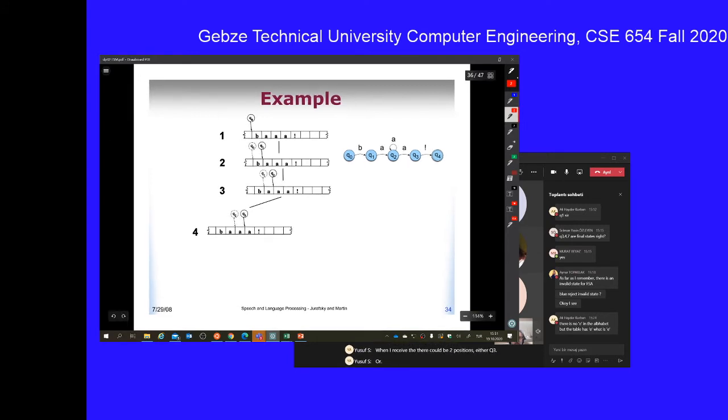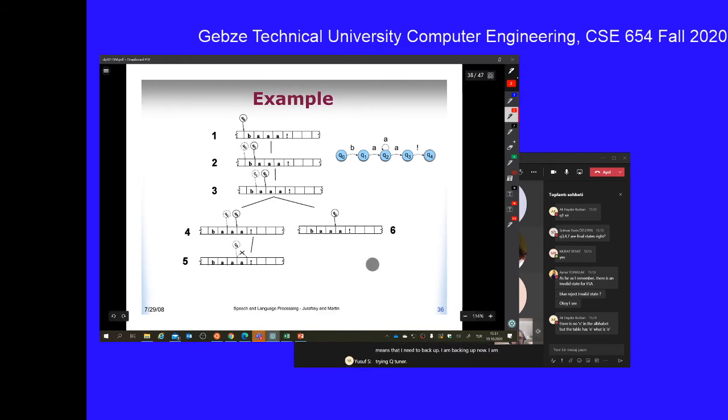This one chose Q3. After I go to Q3, I receive another A, and this didn't go anywhere, right? I am receiving an A at Q3, and it doesn't go anywhere. That means that I need to back up. I am backing up now, I am trying Q2.